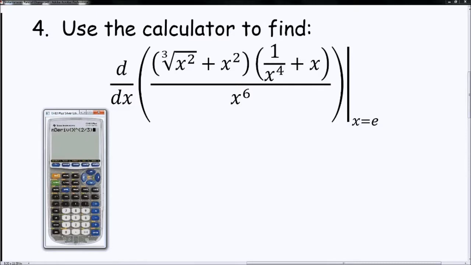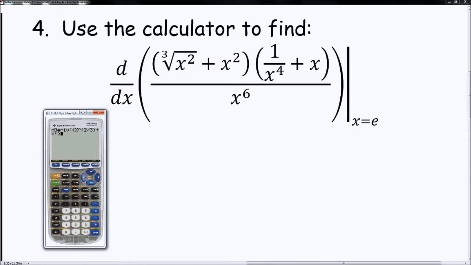Yes, you can use the cube root function if you'd like. You don't have to. And already I'm kind of screwing up a little bit because I forgot to do my parentheses. So I'm going to do second insert parenthesis, because I want this whole thing to be multiplied. And then I'll do plus x squared, close parenthesis.